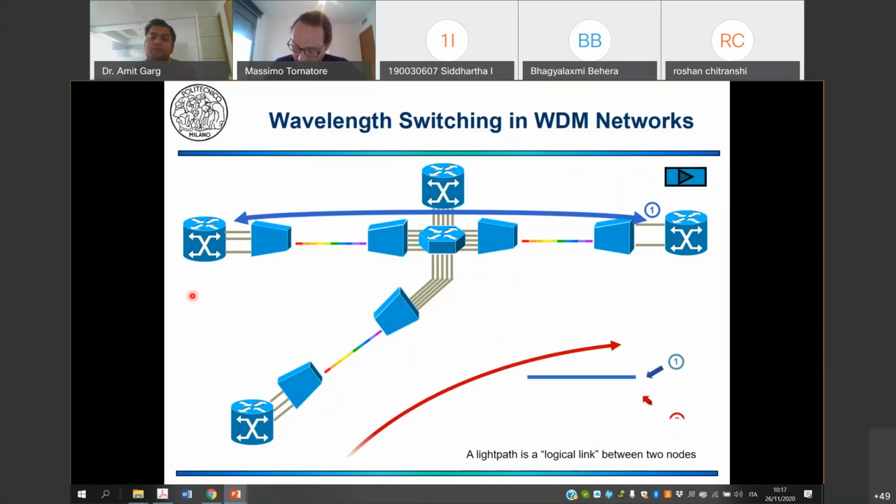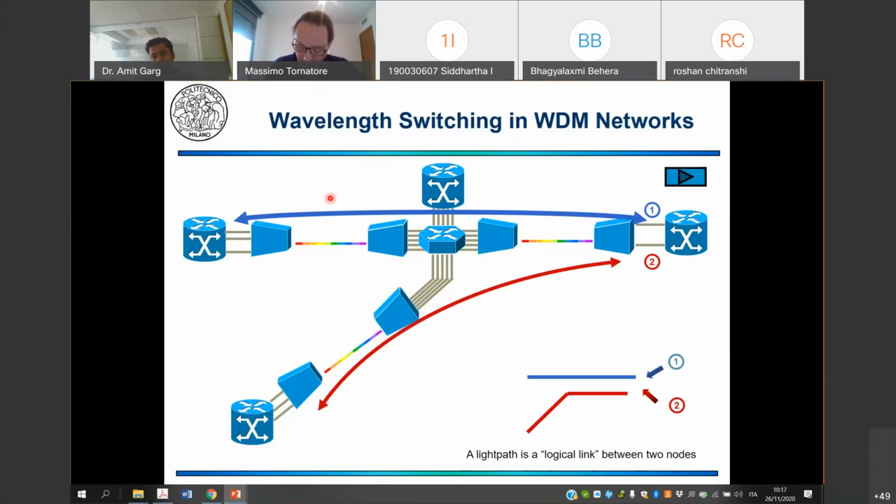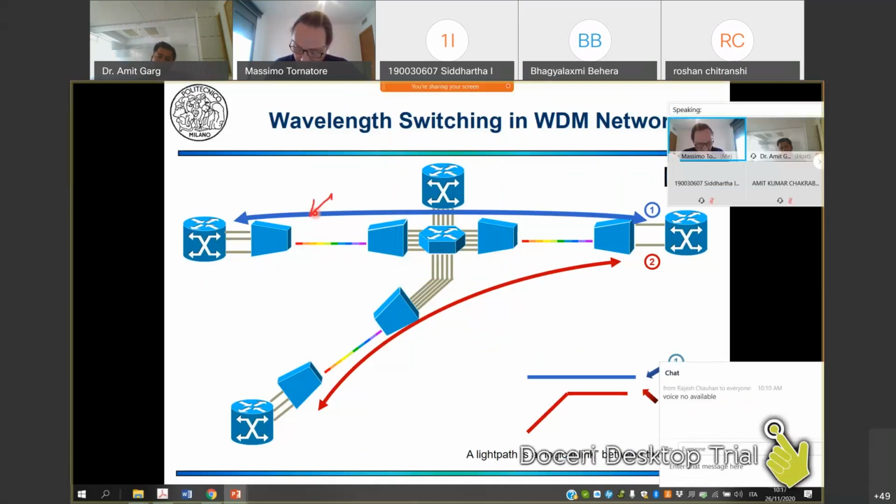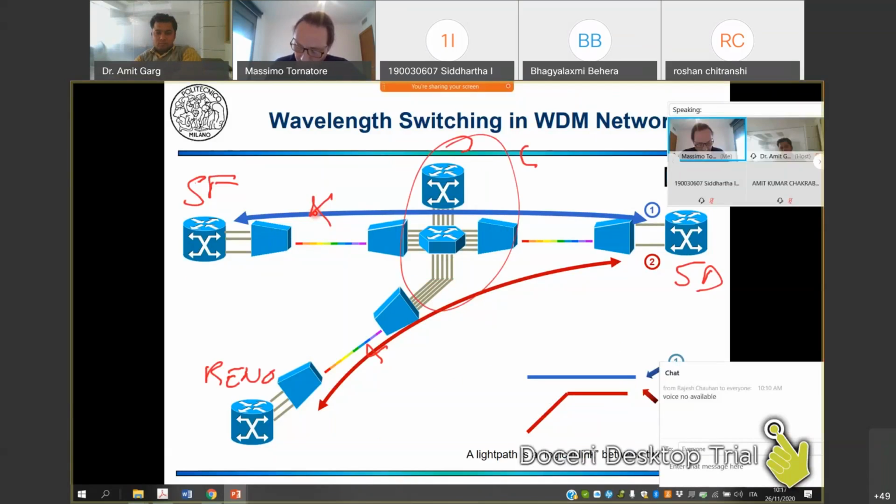Now, if I have two requests at 100 gigabit per second, for example, this request and this request, these two between, again, San Francisco and San Diego, and let's say Reno and San Diego, when the information gets in LA, we do not really need to pass through the router. We just stay in the optical domain.